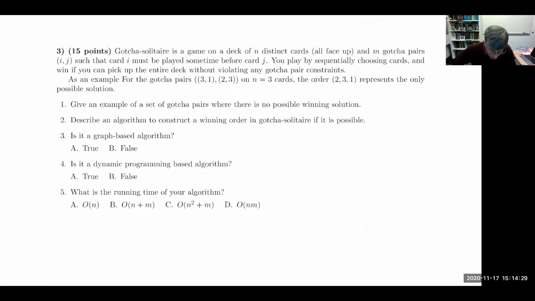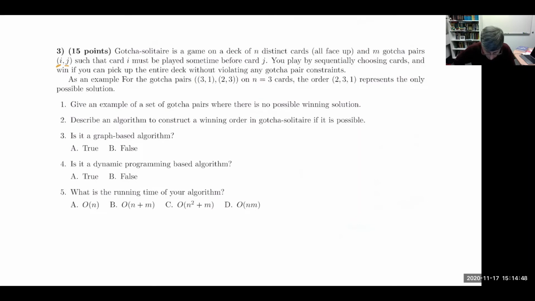What is the third problem? It asks you to play gotcha solitaire, where you've got n cards and m pairs, such that card i must be played before card j. You play by ordering the cards.